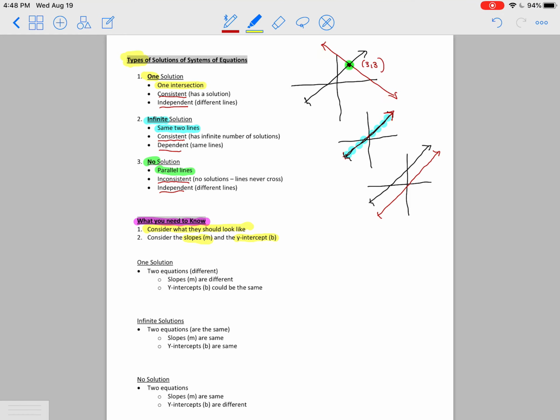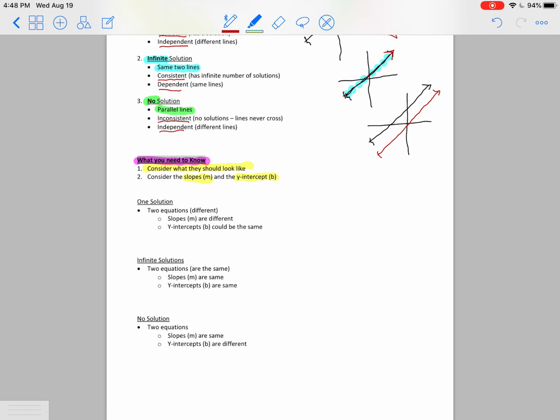Okay, so this is the type of question that you're going to be asked. In fact, on the final exam, I will ask you to create a system that has particular parameters. For example, if I were to ask you to create a system with one solution, we know that, of course, we're going to have 2 equations, because in this particular class, that's what our systems of equations consist of, our two equations.